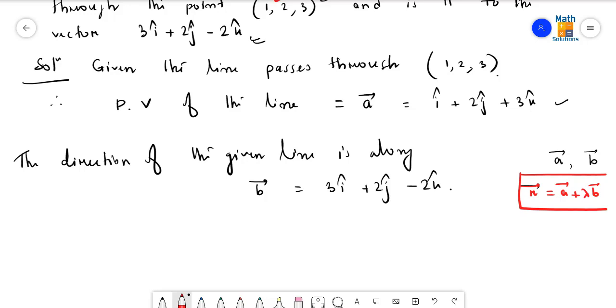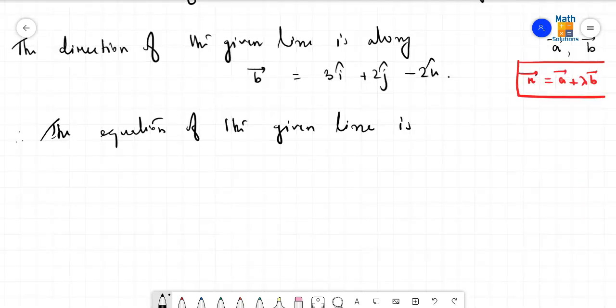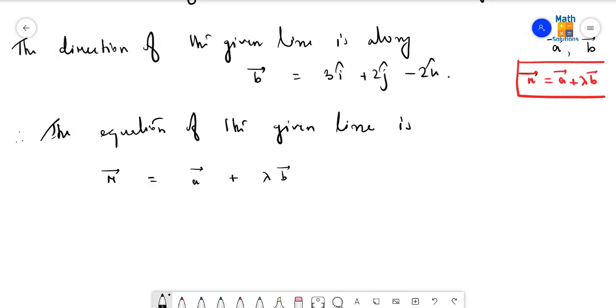Hence the equation of the given line is vector R equal to vector A plus lambda vector B. This implies vector R is equal to i cap plus 2j cap plus 3k cap plus lambda within bracket 3i cap plus 2j cap minus 2k cap.